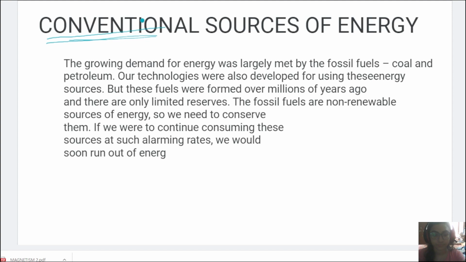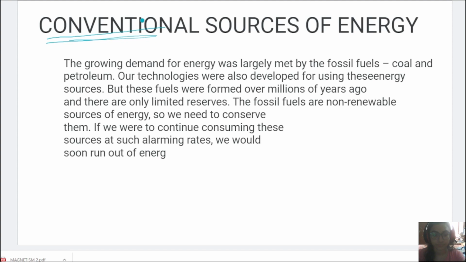Conventional sources of energy are mainly those that we get from fossils, right? Fossil fuels. Now the problem with that is that it is non-renewable. Once we exhaust it, we cannot form fossils again in like a million years, because it takes a huge time for plants and animals to decompose and get buried under layers of soil, and then finally form fossils.